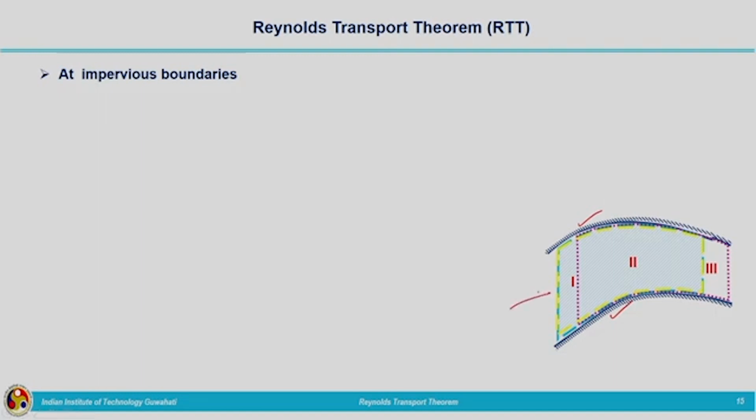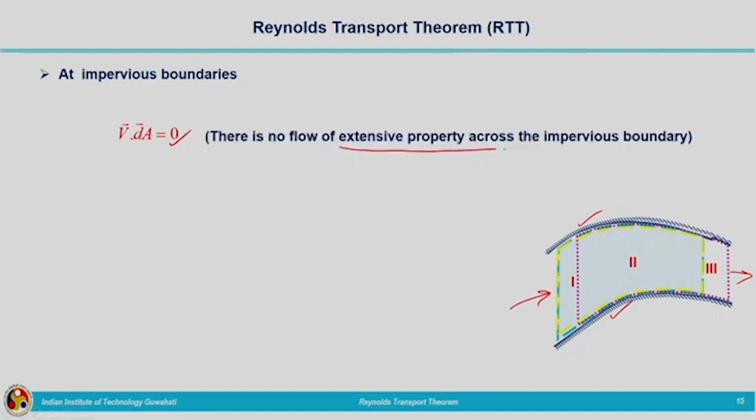We had the flow from left hand side to right hand side through the inflow and outflow regions. So, at impervious boundaries, V dot dA will be equal to 0. That is, there is no flow of extensive property across the impervious boundary. If it is impervious, it will not permit any flow through that boundary.